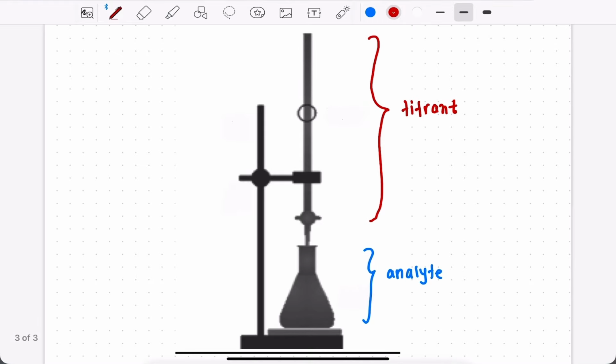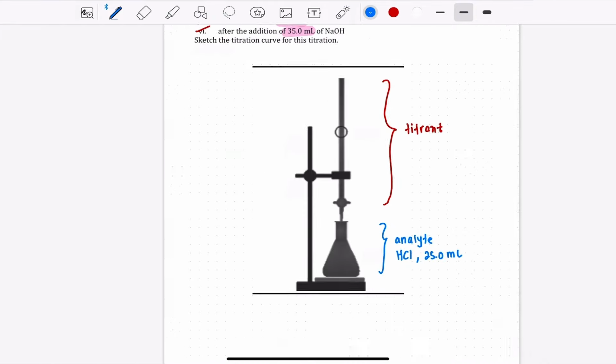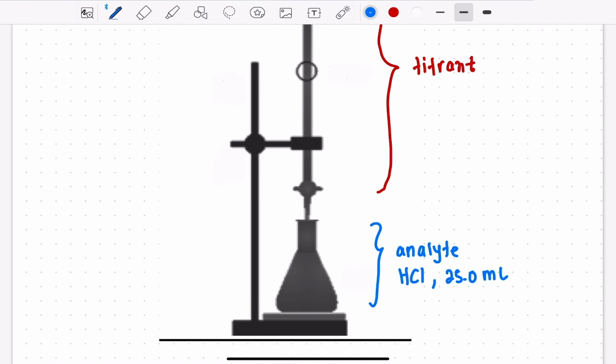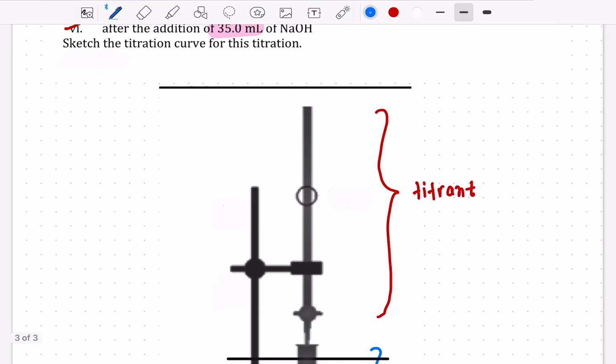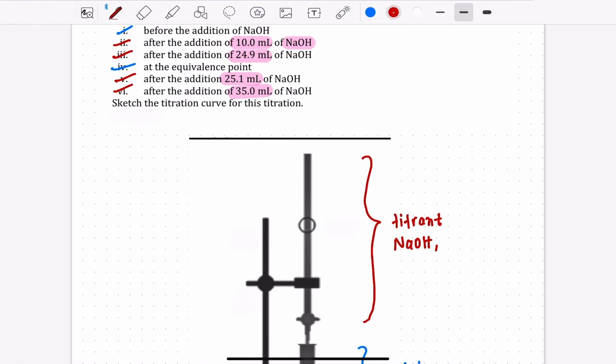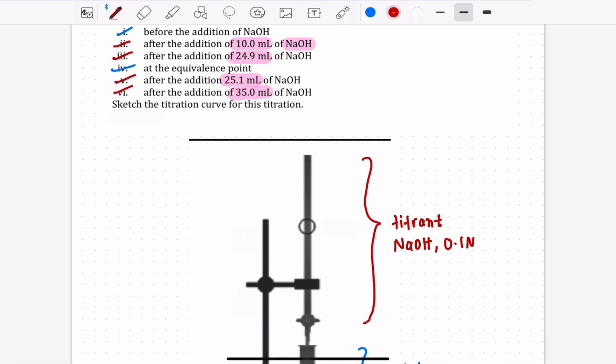Therefore, our hydrochloric acid is the analyte, with 25.0 milliliters and a concentration of 0.1 molar. Whereas the titrant is filled with sodium hydroxide with the concentration 0.1, but the volume of the sodium hydroxide is what we are going to observe.